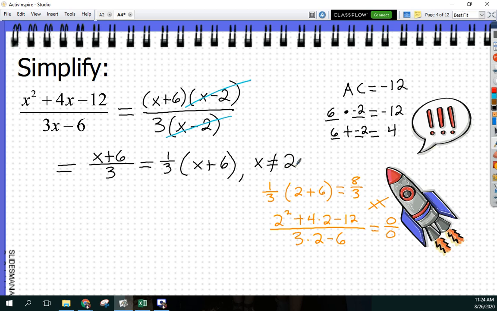But in this case, we have to add it on because we no longer can see that restriction, because we made it go away or we reduced it out. So we have to make sure that we know these things will all equal each other as long as x does not equal 2.